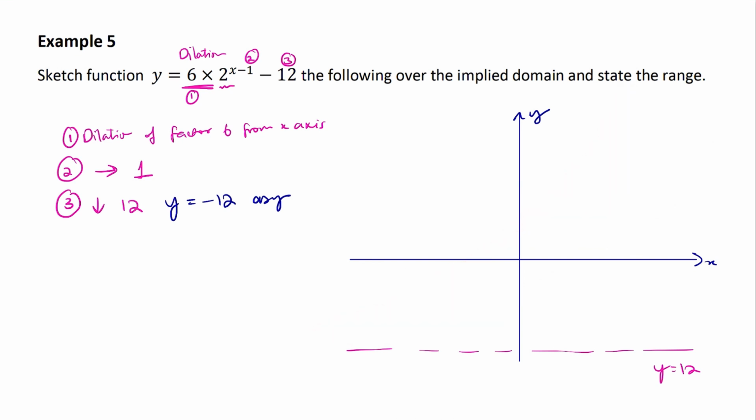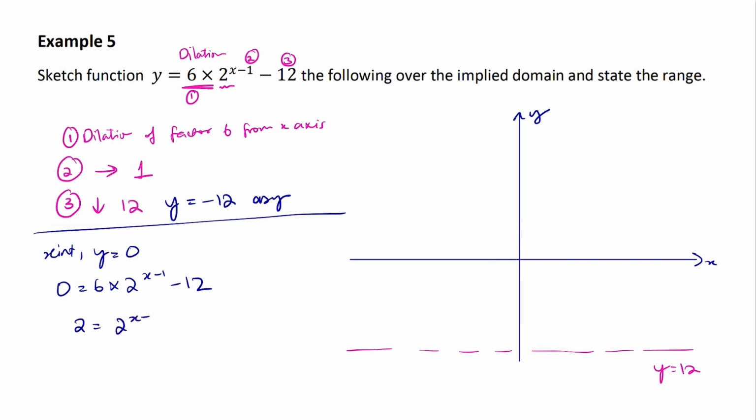So once again, as always, we need to find our intercepts first. So let's go ahead and do that. I'm going to take the 12 over and then divide by 6. So that's going to give me 2 equals 2 to the power of x minus 1. And this is really nice because I can see that 1 equals x minus 1. Take that over, that's 2 equals x. So that is beautiful.